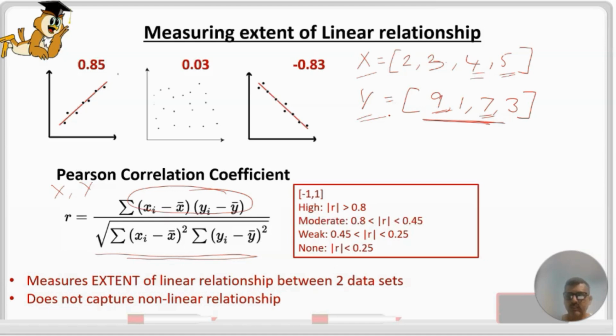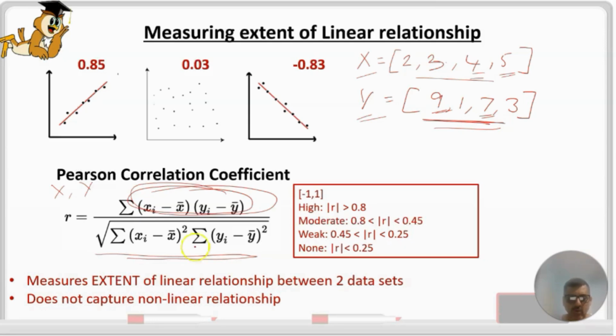In other words, this dot product between x and y is maximized if both the data sets are either ascending or descending, or at least if the highest values are associated with each other and the lowest values are associated with each other, and so forth, which is exactly what that linear relationship would indicate. So therefore this thing is a measure of how linearly correlated the two data sets are.